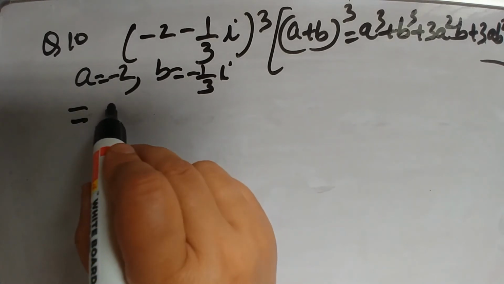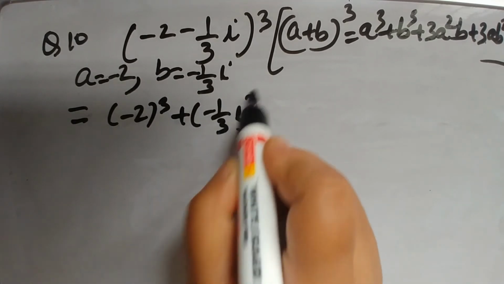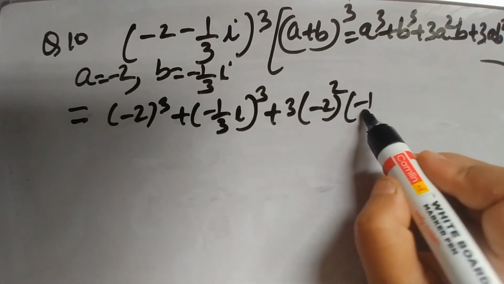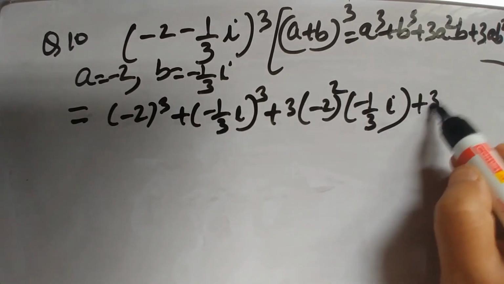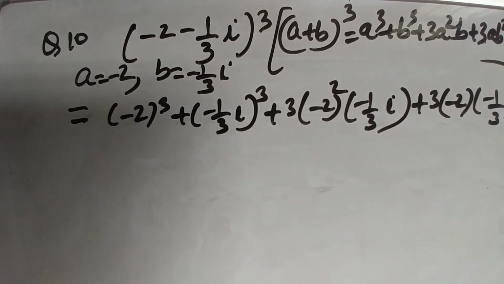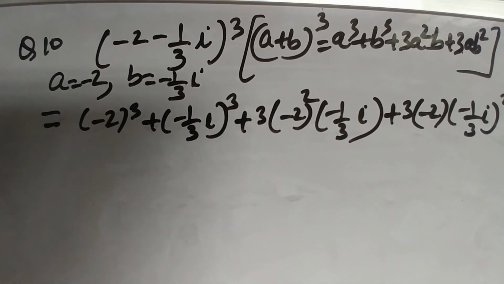So it becomes a cube plus b cube plus 3a square b plus 3ab square.